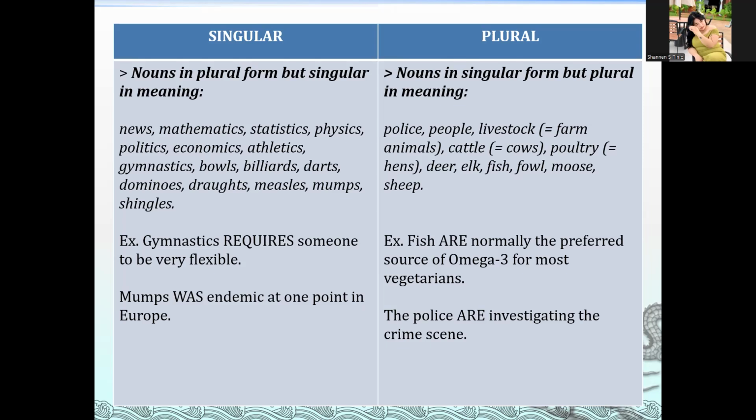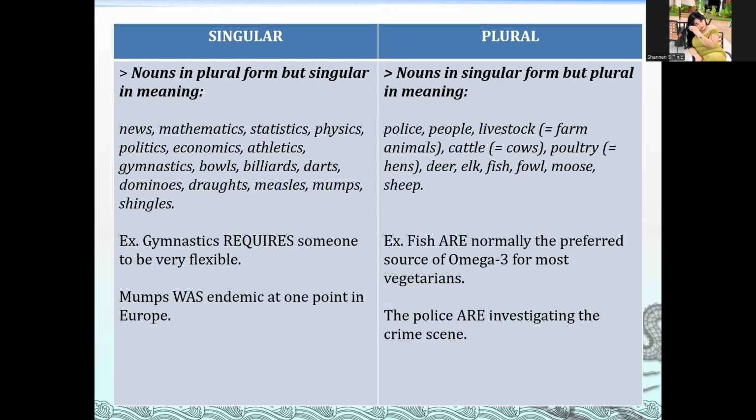Kasi ang singular ng bosses ay boss. Okay? So, aalisin mo na ngayon yung S sa verb kasi nga plural si noun, plural si verb din. Tatanggalin mo yung S. The bosses require someone to be very flexible. Nalilito kasi kayo kasi nga gymnastics may S.